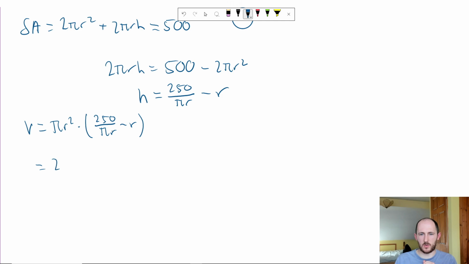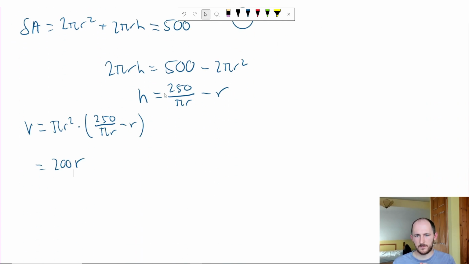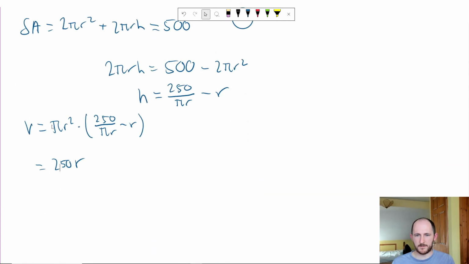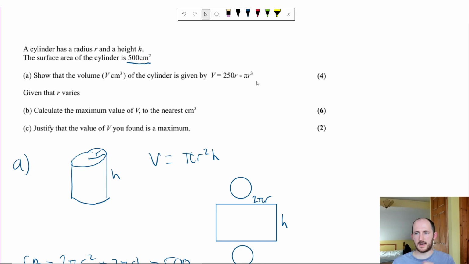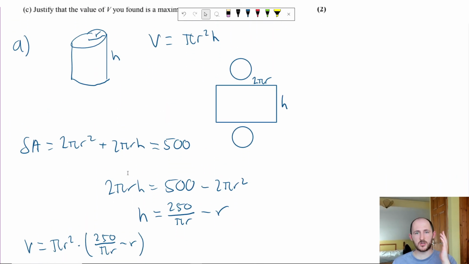So it's just going to be 200r, which... Sorry, 250. That's why you always check the answer. 250r. Just like it says in the answer. Then we're going to have pi r squared times minus r, so we're going to have minus pi r cubed. Exactly as it says, 4 marks. Pretty good, right? It's not too bad.